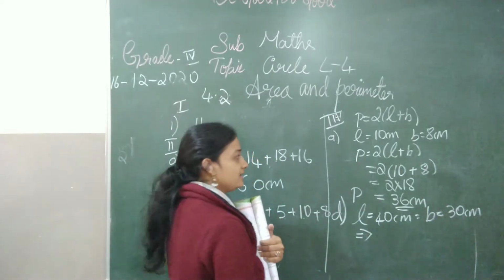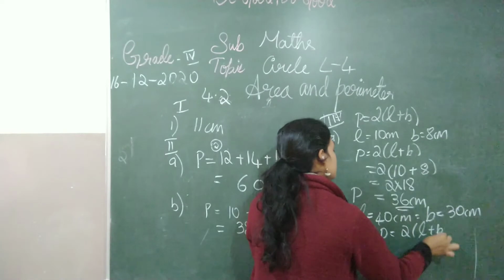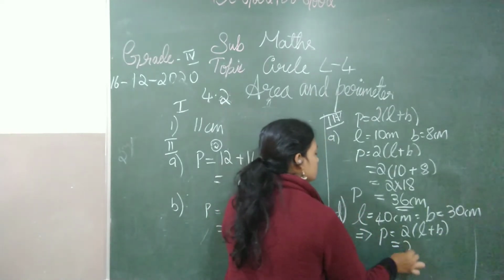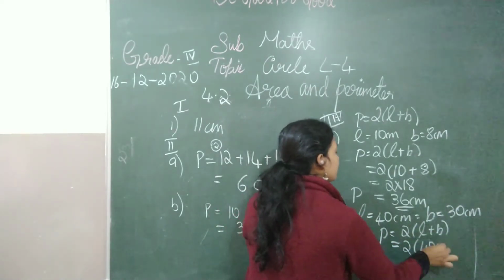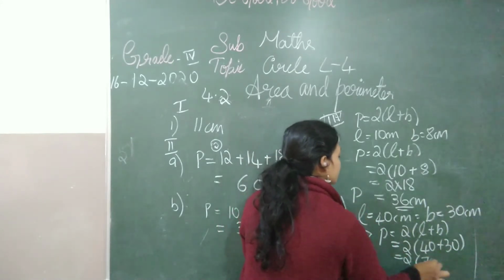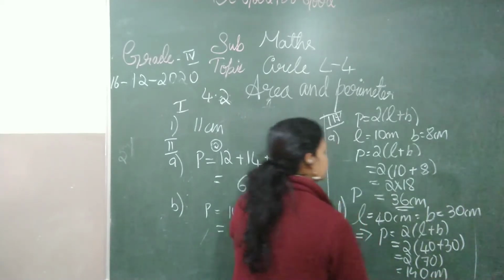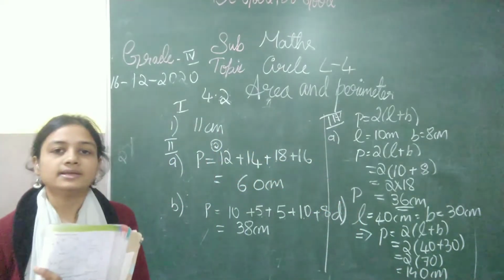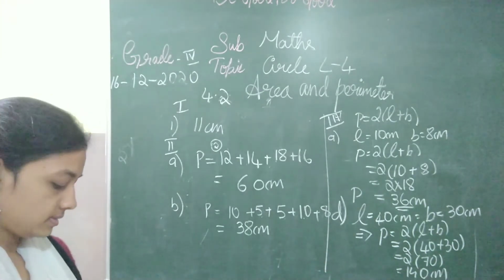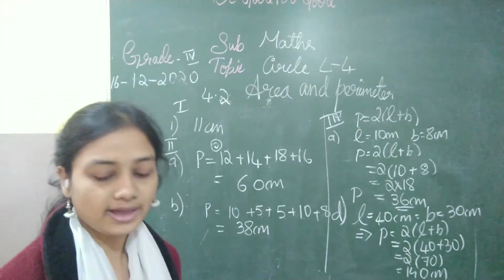So now let's find P. P is equal to 2 times L plus B, where you have 2 into 40 plus 30. The answer is 2 into 70, which is equal to 140 centimeters. So the other three sums I want you to try and tell me the answers.